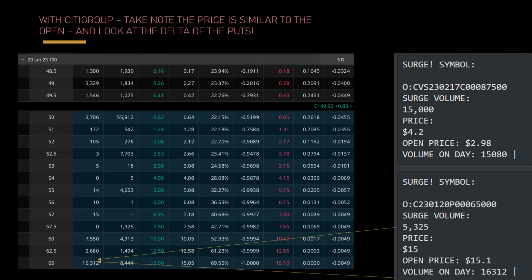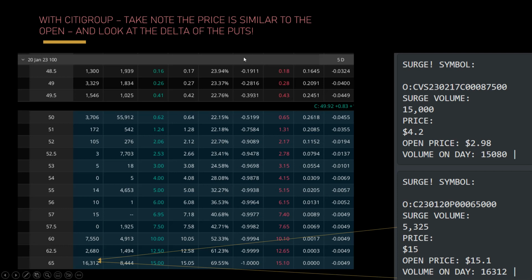Because if you would expect markets to be trending downwards soon, and Citigroup is a pretty popular bank stock, I believe you can easily consider that they just delta hedged, considering the very first strike that hits that -1 delta is the 65, which is where the volume came in. This one had a surge volume of 5,325 at a price of 15, which is exactly where this ticker closed, and it's the only one with 100% delta at this moment in time.